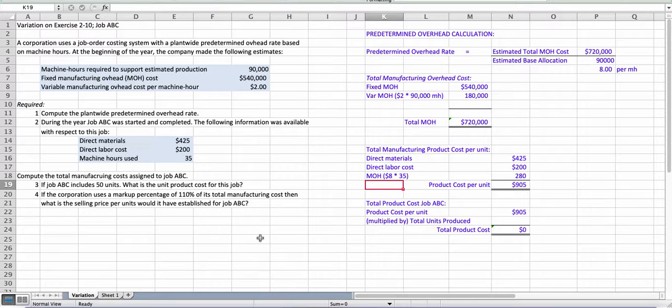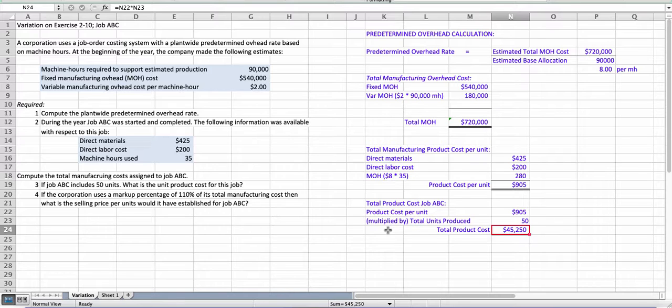Okay, so now we need a total cost. So here's our $905, and we multiply it by the number of units produced. And that information was given right here, 50 units. So I'm going to put in 50. And I put this note over here for you so you don't accidentally make the error to add 905 to 50.